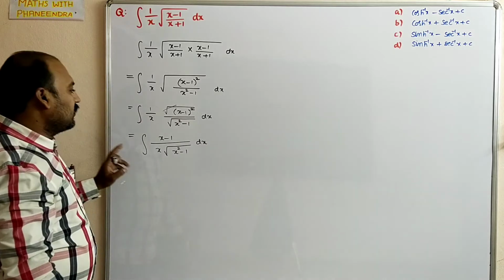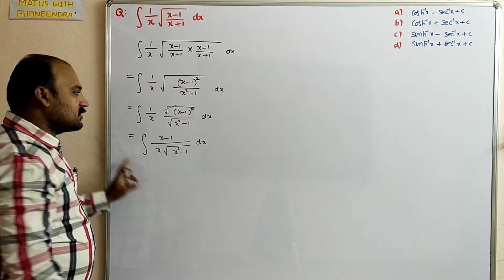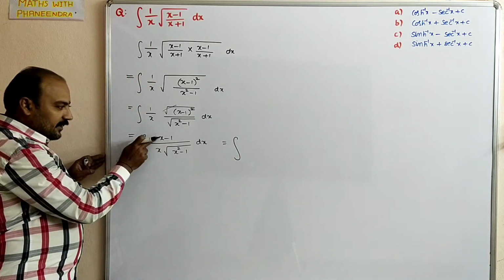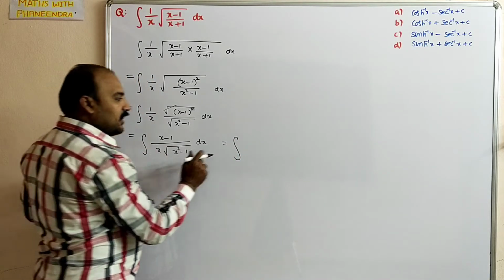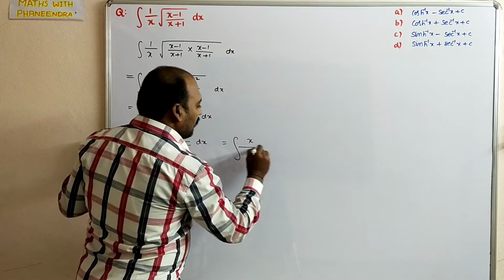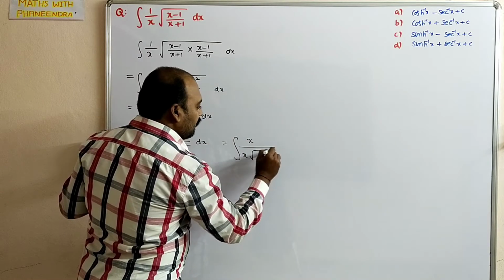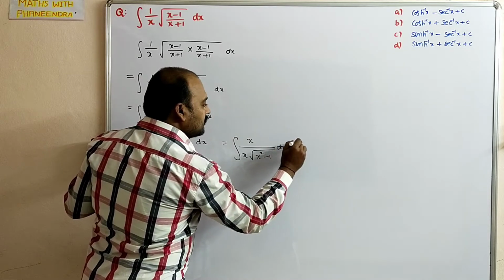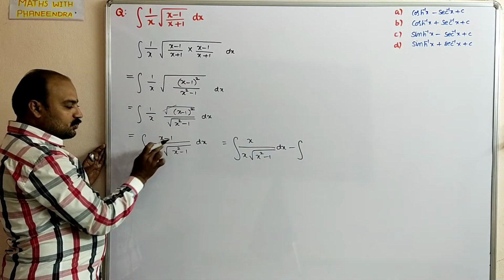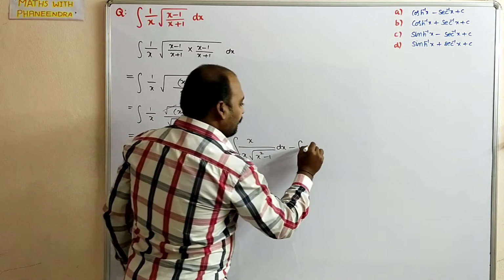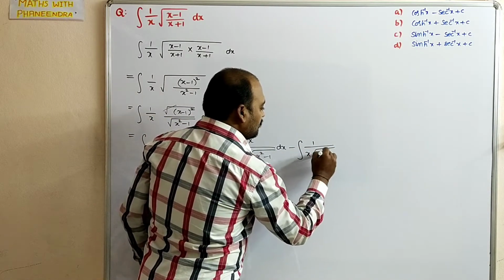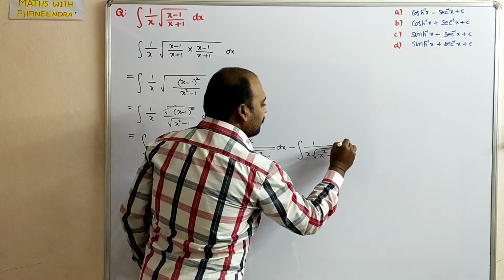After that, split into two integrals, which is equal to integral x divided by x into square root of x square minus 1 into dx minus integral 1 by x into square root of x square minus 1 into dx.